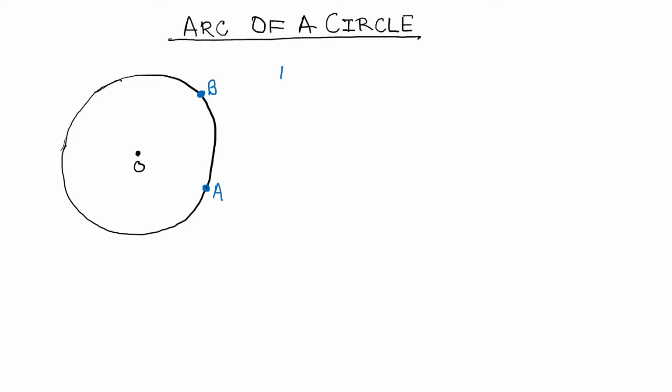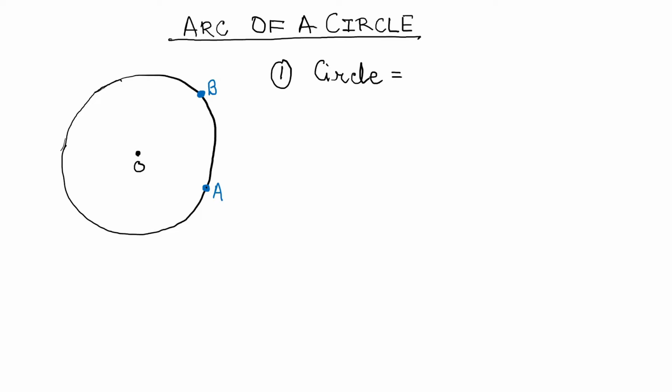First point which is important here is, can I say a circle is made of arcs? So circle is made of, here let me say there are 2 arcs, because when I have drawn 2 different points, one is A to B and the other is B to A. So there are 2 arcs that I have drawn here.